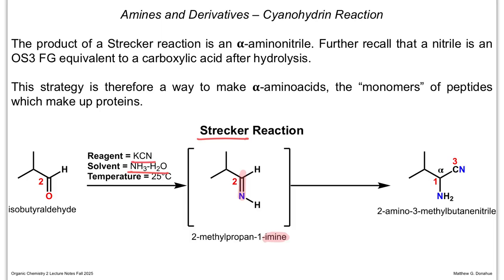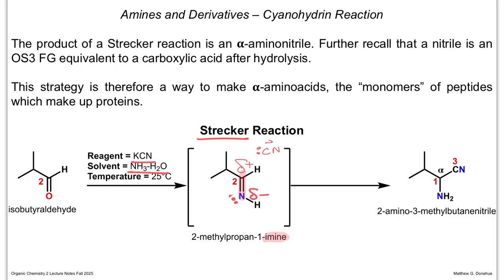So an imine is the oxidation state 2 nitrogen variant of a carbonyl. So as with the prior process, we still have the heteroatoms delta minus, the carbonyl carbons delta plus.